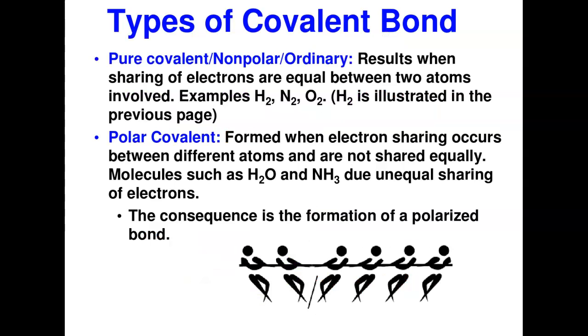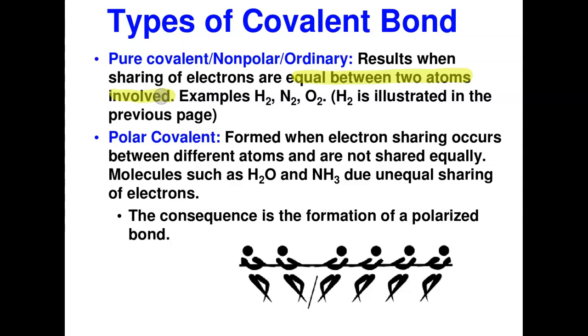So what are the 2 types of covalent compound? I've already started talking about this. The one I just talked about is called either pure covalent, non-polar, or ordinary covalent. This results when the sharing of electrons is equal between the 2 atoms involved. It results in a type of bond we call the non-polar, ordinary, or pure covalent bond.